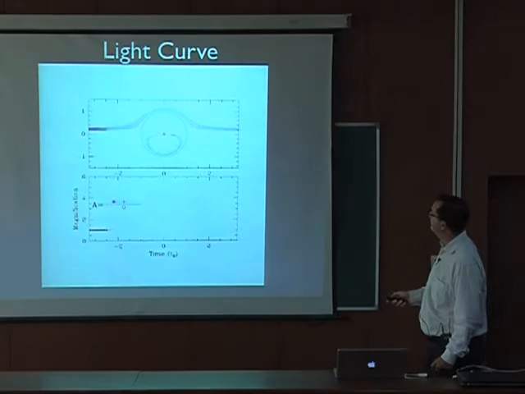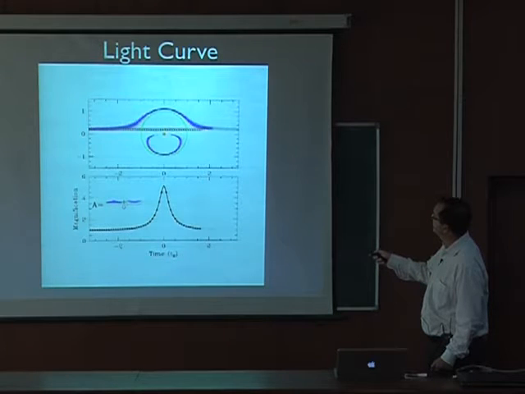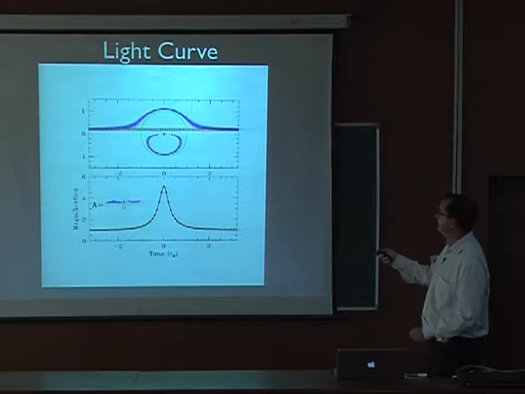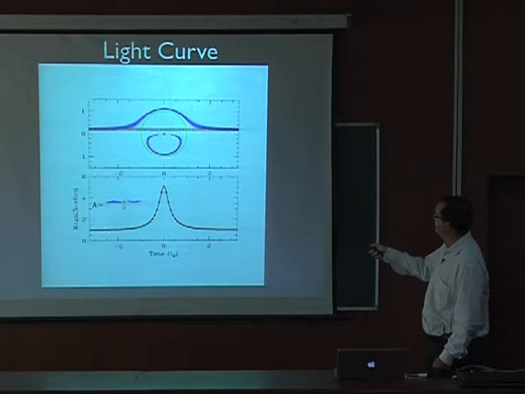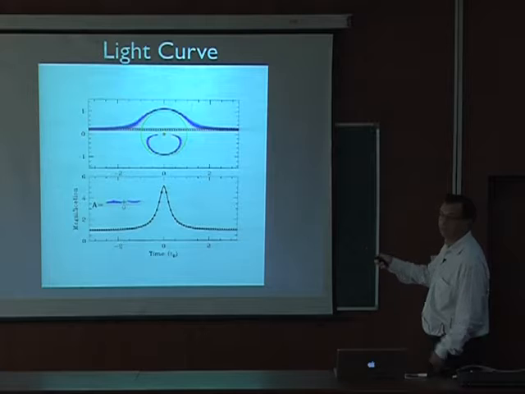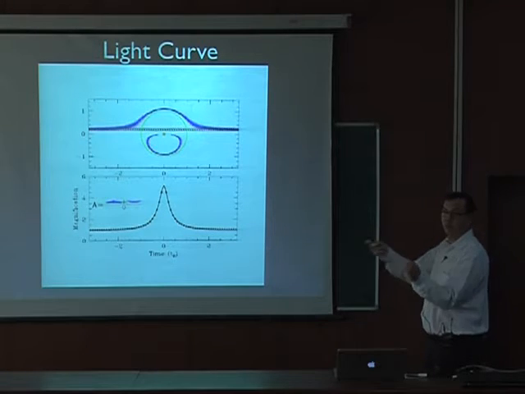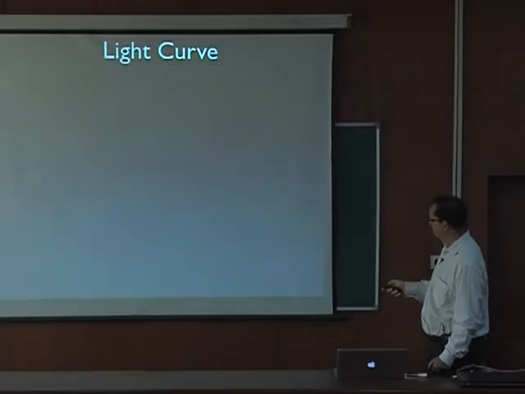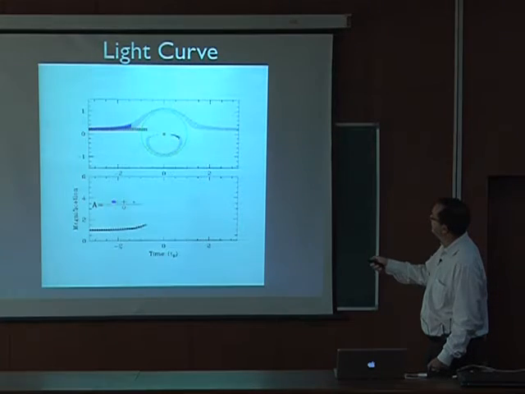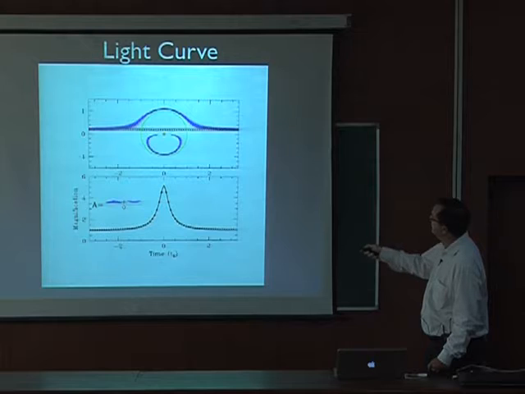What is shown above is the position. So this is the position of the lens. We go in the frame where the lens is at rest, and then we move the star relative to it. Of course, in practice, it's the other way around. And what is shown, if I can show it again, is the two images that one sees.